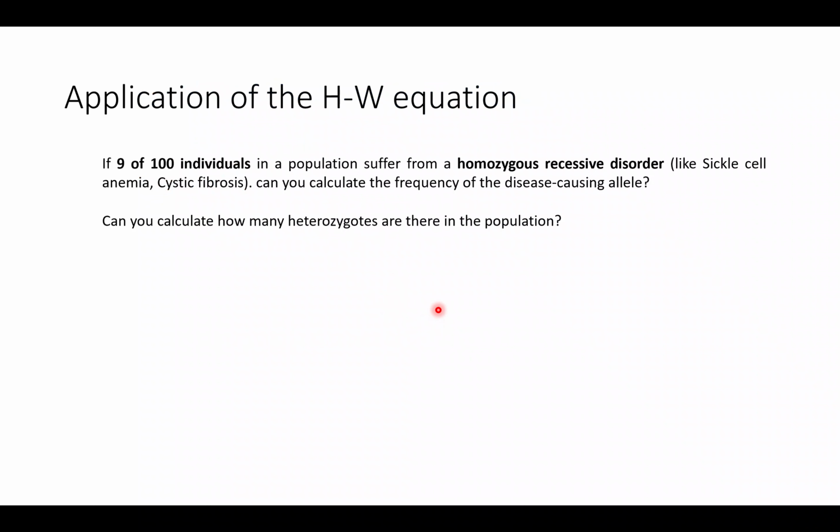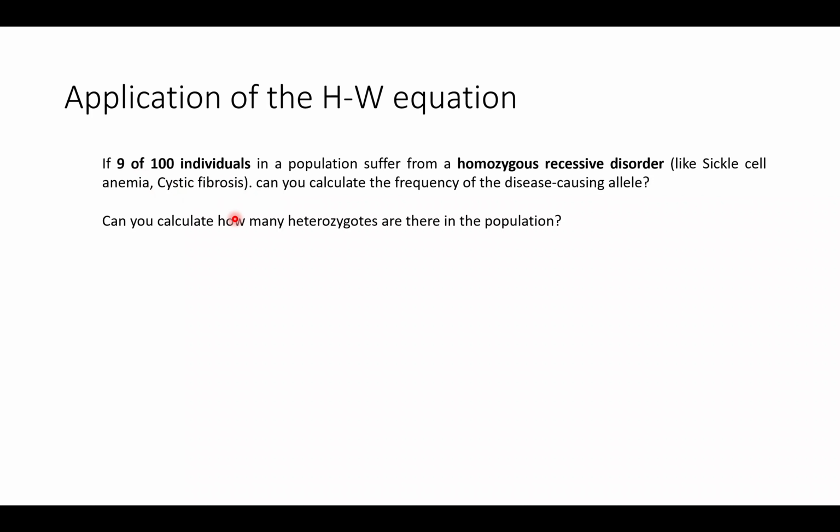Okay. But why do we need to study all this P, Q, P square, Q square? Does it have any application? If you go through this question, you can figure out the application of this Hardy-Weinberg equation. So here the question is given that 9 out of 100 individuals in a population suffer from a homozygous recessive disorder like sickle cell anemia, cystic fibrosis.